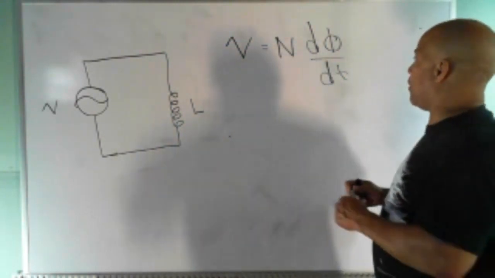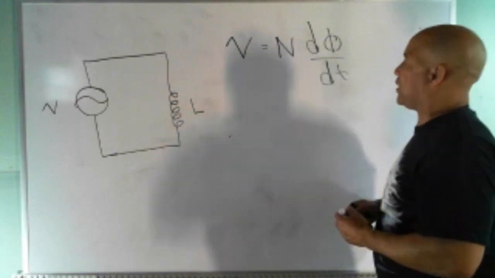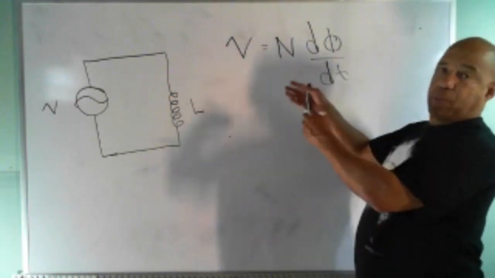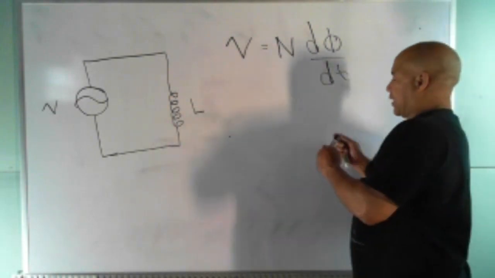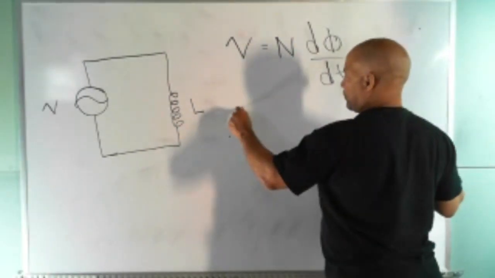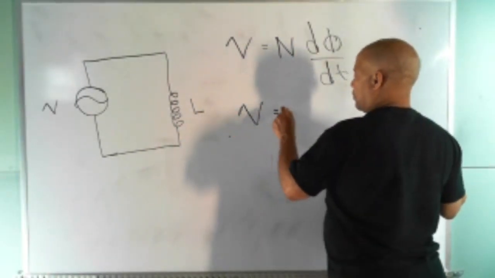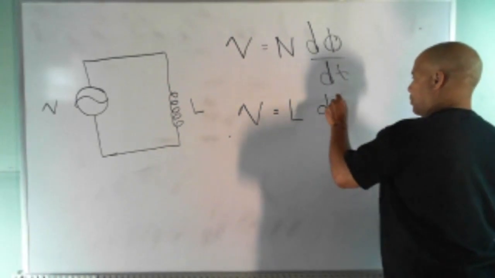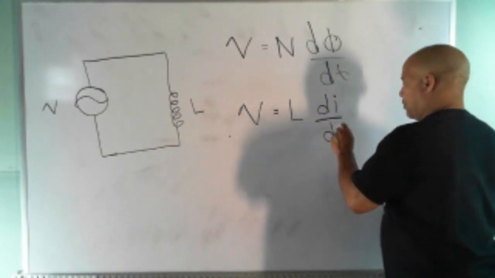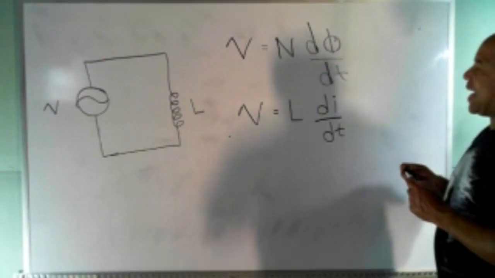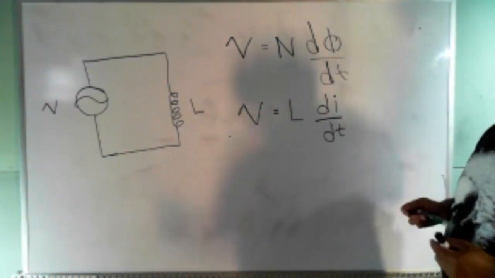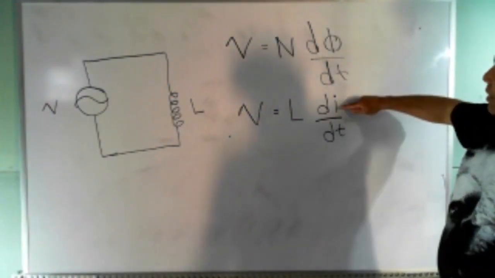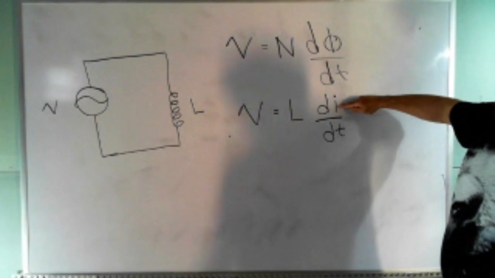And so that was the way we talked about it in DC. But I'm going to give you another form of Faraday's law. It looks like this. And you can actually, they're kind of related, because if you think about it, we have di here, here we have d phi.